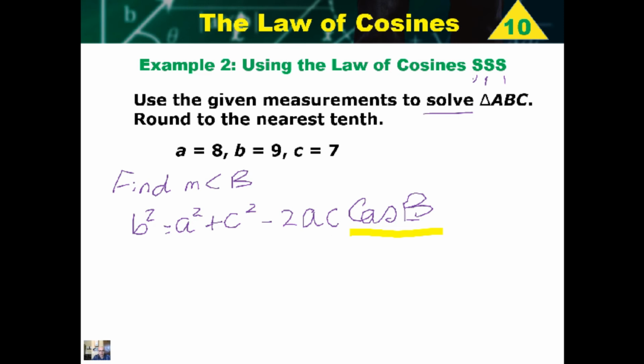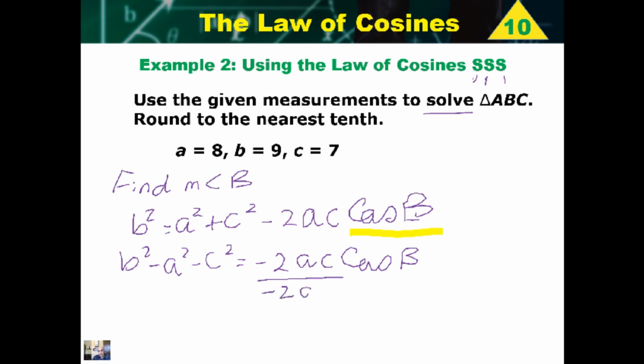So first of all, I'm going to subtract these. So this will be b squared minus a squared minus c squared equals minus 2ac times cosine b. If you still want to isolate cosine b, then you have to divide both sides by negative 2ac.